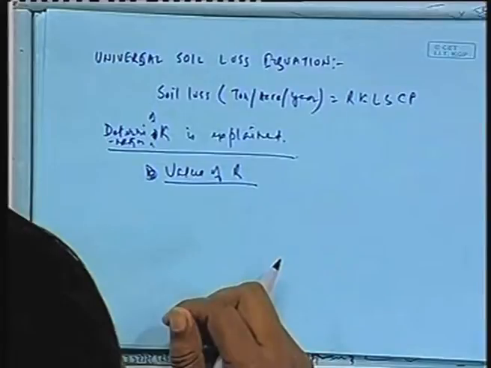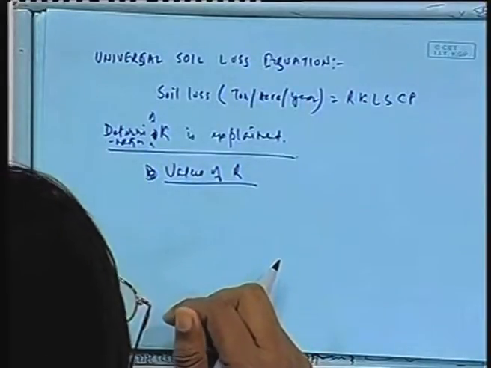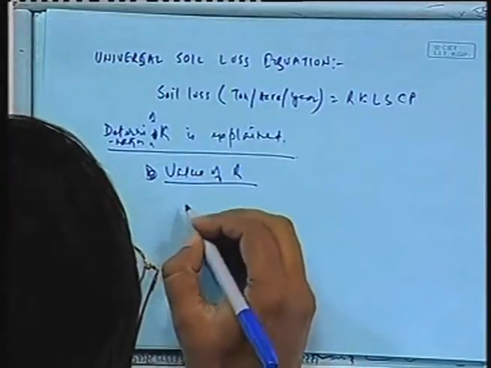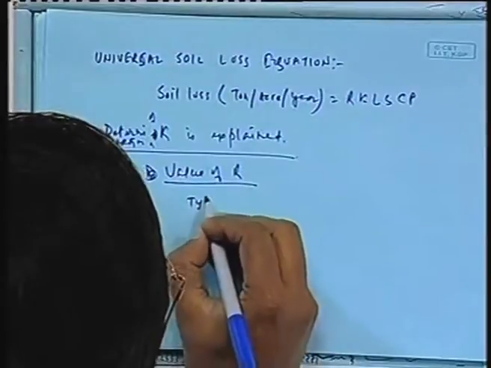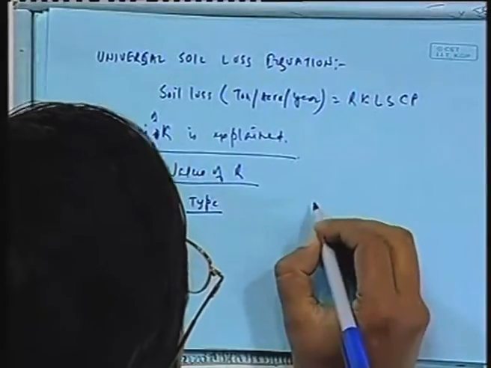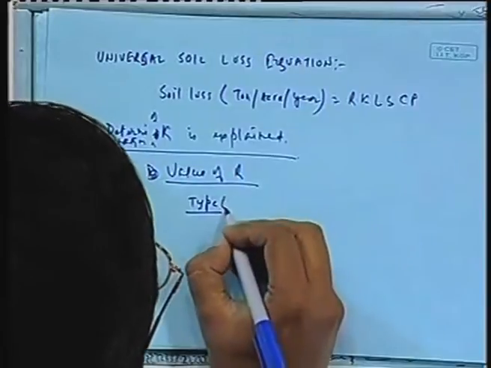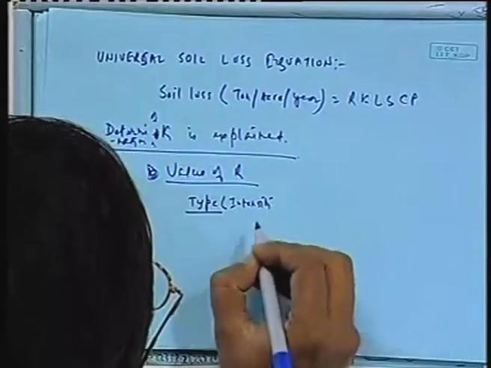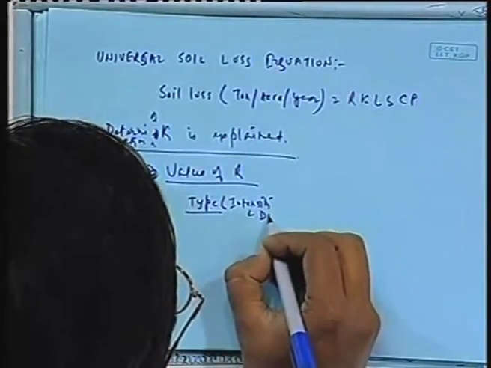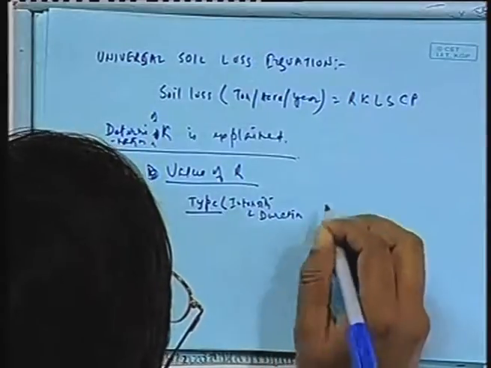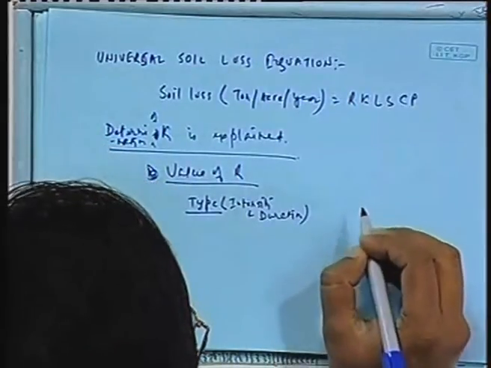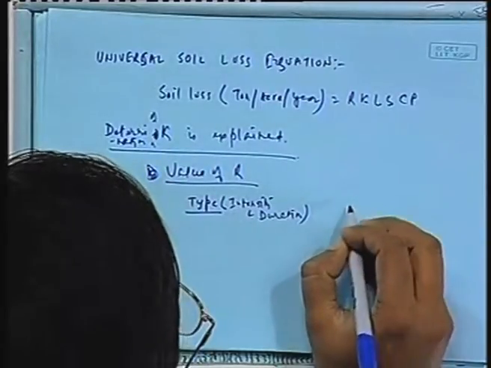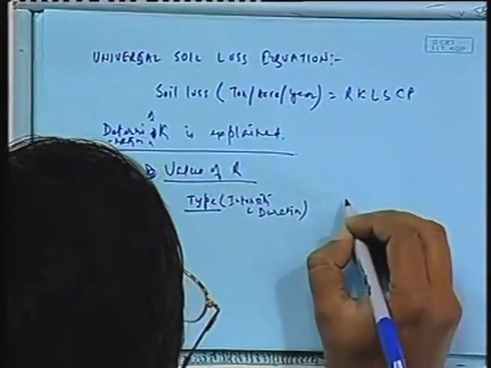Here we will bring this into smaller values, for cases like India. The type and value of R: the type is the intensity and duration of rainfall in a geographical area.